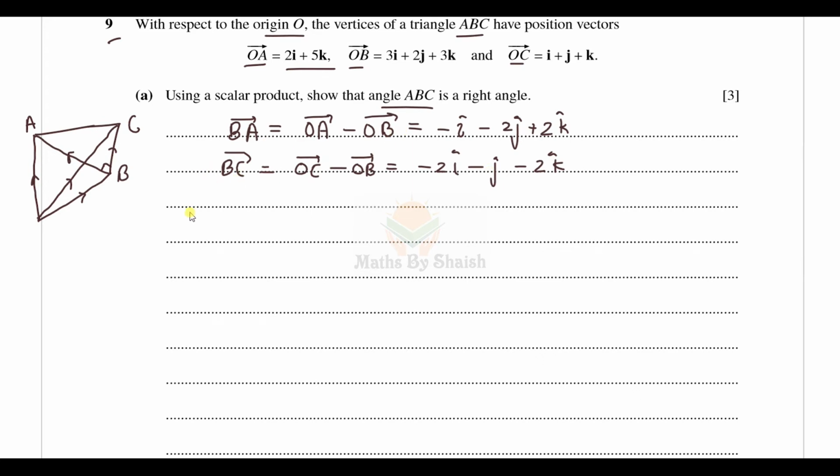So first of all we'll find BA dot BC, and then we'll check. We know that this is going to be minus 1 into minus 2 plus minus 2 into minus 1. I could have written it directly, but I'm writing like this, plus 2 into minus 2, and hence it is 2 plus 2 minus 4, and hence it is 0.